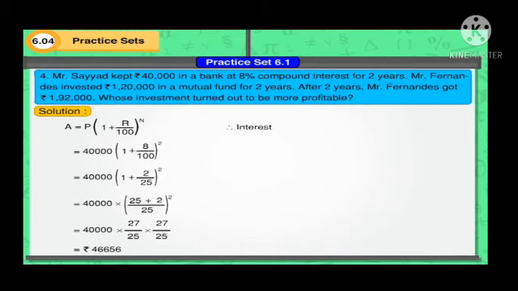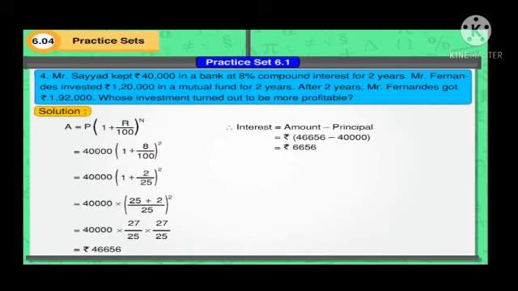Now let's see the interest here. So compound interest is equal to amount minus principal. Amount is rupees 46,656 minus principal 40,000, which is equal to rupees 6,656.